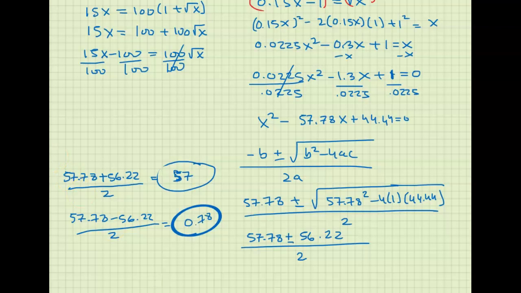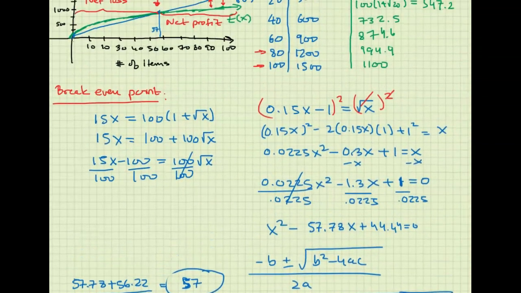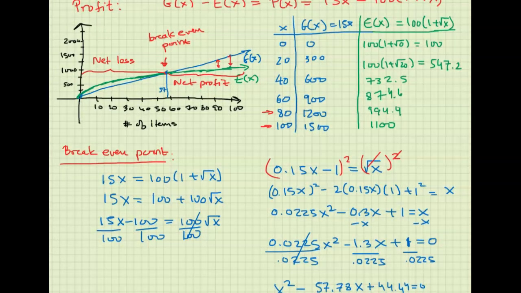If we look back at the graph, you can see that 57 is right here. So this is at 57 items. There's another crossing point here when it's 0.78 items, but that doesn't really make sense in real life.